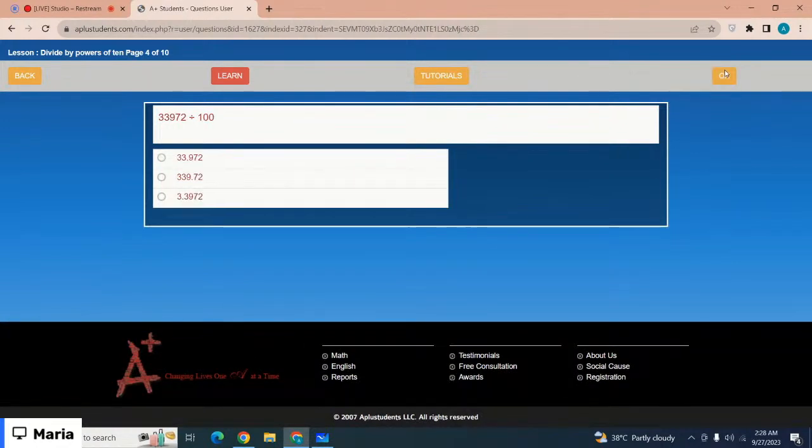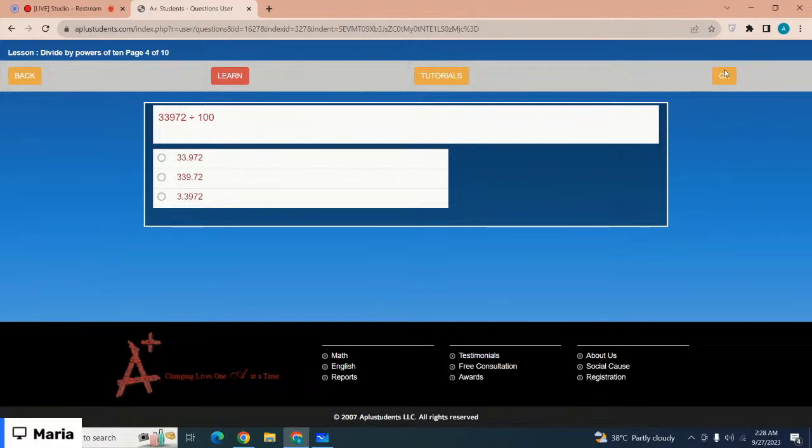Okay, 33,972 divided by 100. Which is the correct option? You have to move the decimal point two places left.